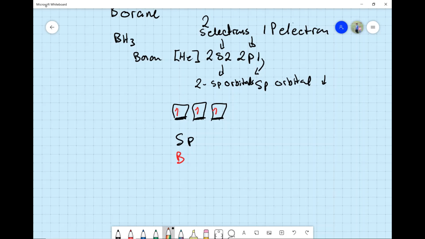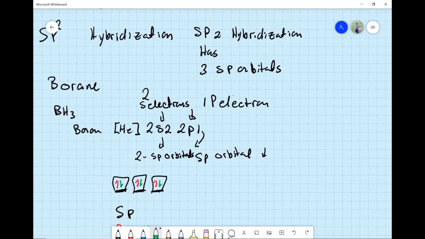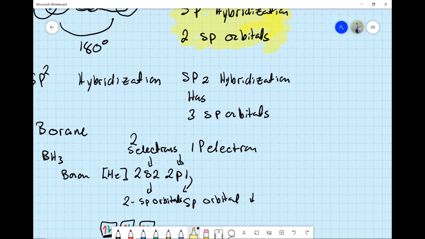And the hydrogen now, make it green. The hydrogen now is going to help fill this shell, basically, if we want to think of it again in terms of Hund's rule. So that's sp2 hybridization.